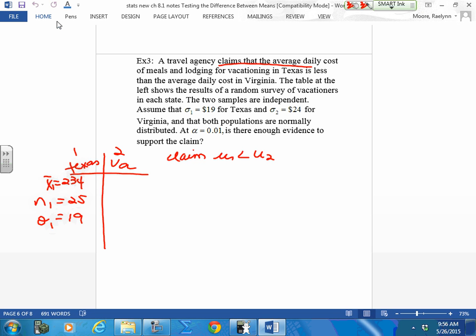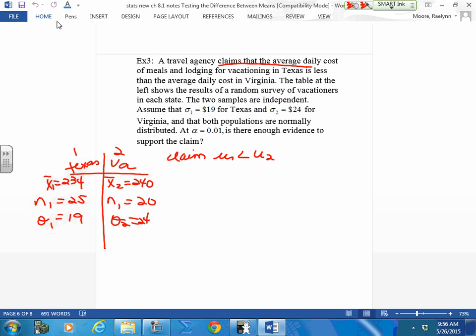We're going to do the same thing for Virginia. The mean for Virginia, we'll call that x2, is 240. In their sample, they had 20. They're in the ballpark. They don't have to be exact. And their population standard deviation was $24. They're both normally distributed, so we know that that's good.